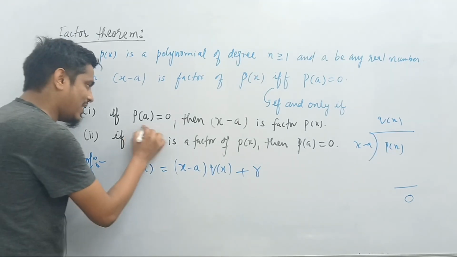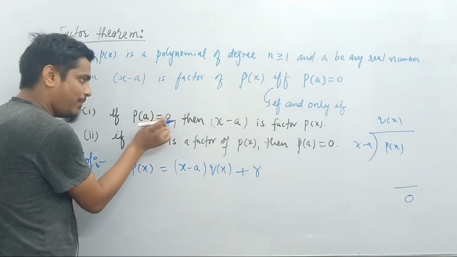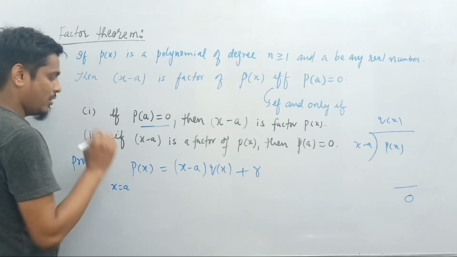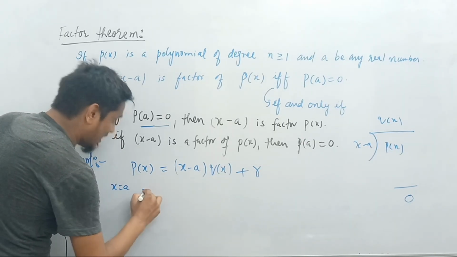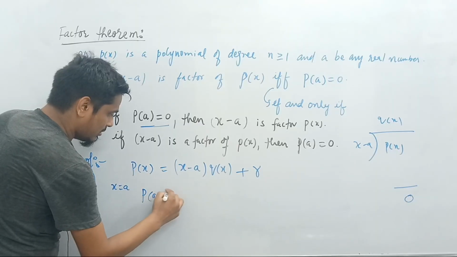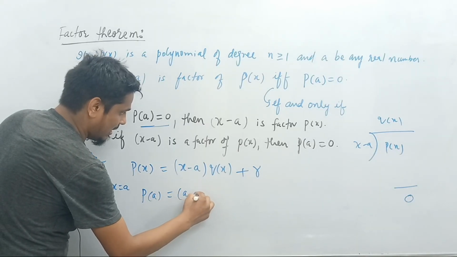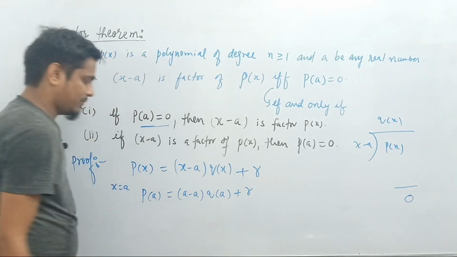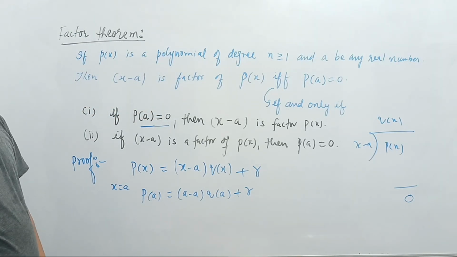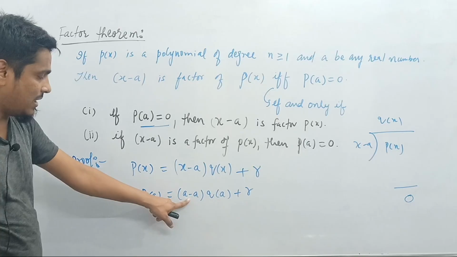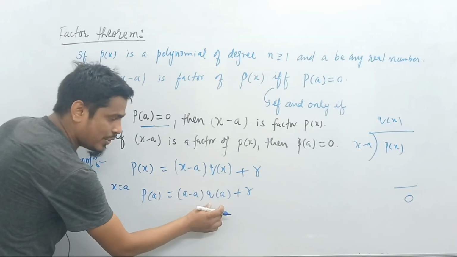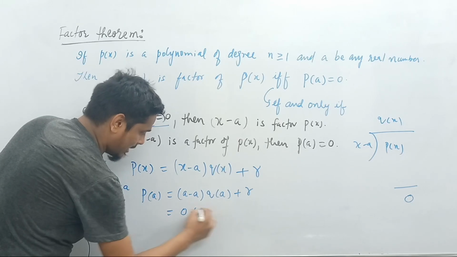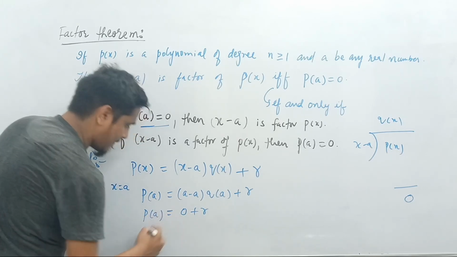Now with the given condition, at x equal to a, the p(a) value is 0, so substitute x equal to a. The right side will be equal to (a minus a) times q(a) plus r. As a minus a is 0, 0 times q(a) is again 0. So 0 plus r is equal to p(a).